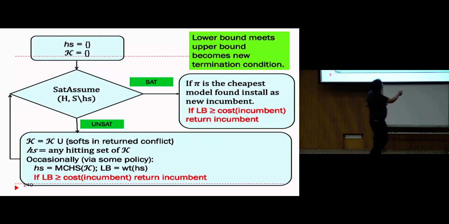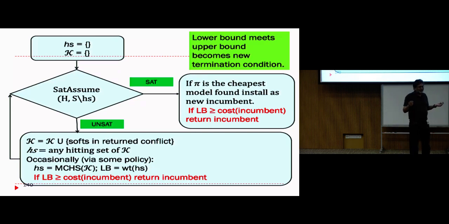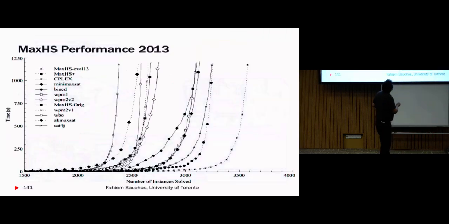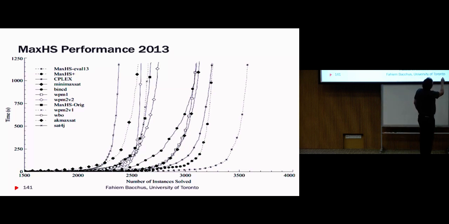In other words, the upper bound is the cost of your incumbent. The lower bound is the cost of your minimum cost hidden set. And there's two places where you can find a new incumbent that's cheaper, or you could find a new lower bound from this minimum cost hidden set computation. And when the two match, you stop. You have an optimal solution. And if you do that, then you get from this one here, which is the graph I showed before, you get quite a bit more.